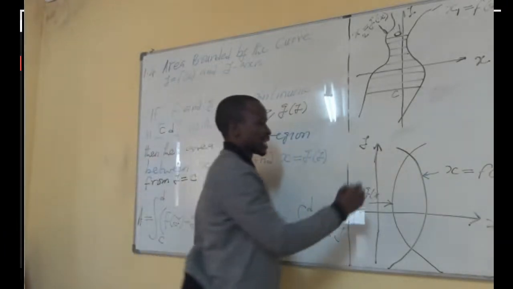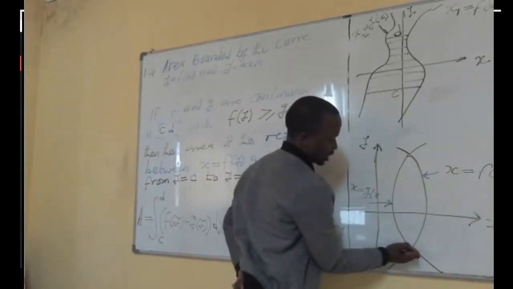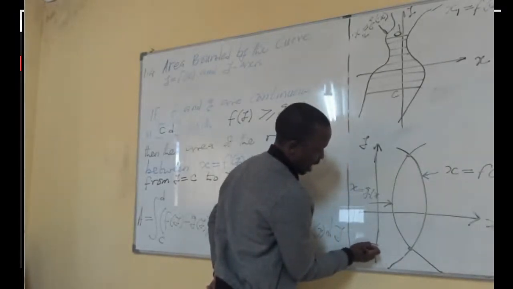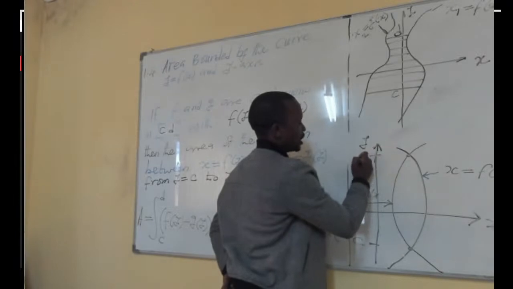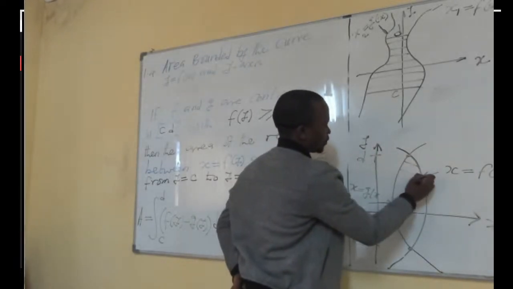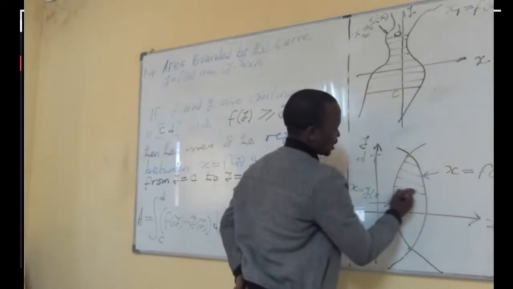Now, you realize that where these 2 points are meeting, they will give you your y values, which is c, and there we get d. Then now they ask you to find the area of that shaded region.